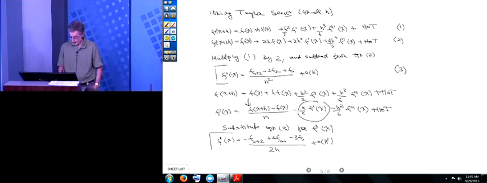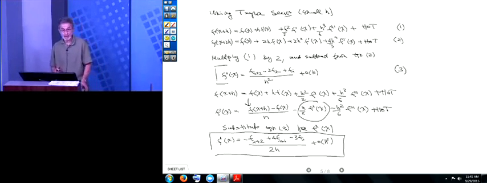So this is a perfectly legitimate way of writing a first derivative which is of second order, and you could use it in place of the one-sided derivative.